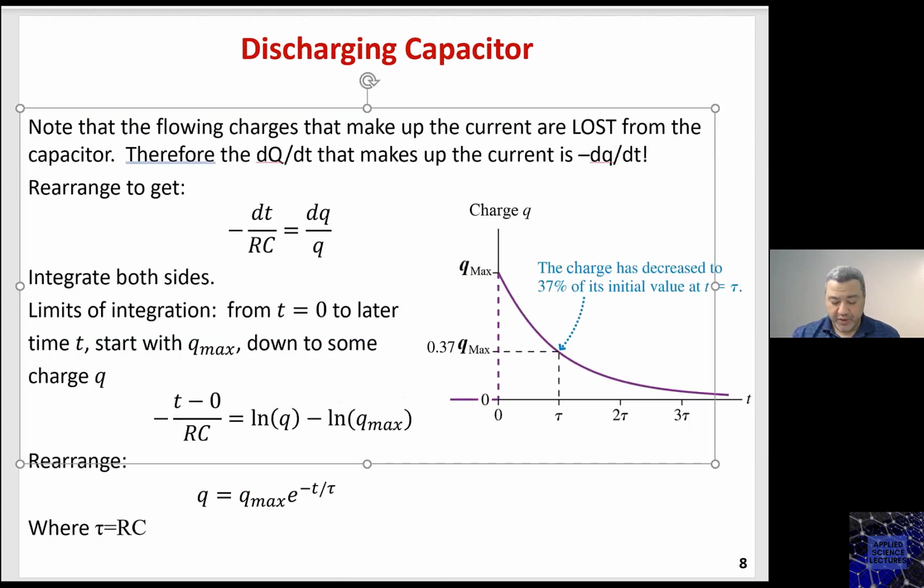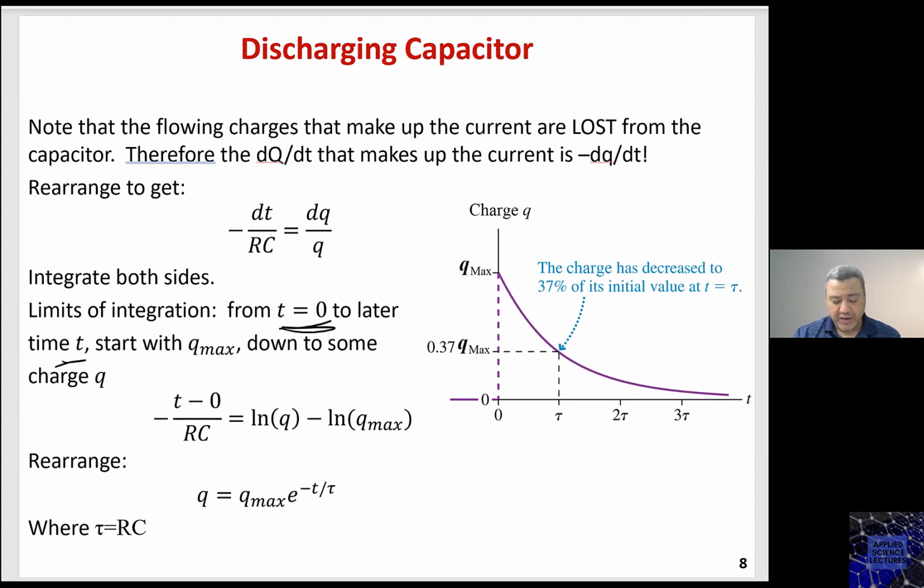Again, rearranging such that dq over q is on one side and dt on the other side, and taking the integral for both sides while t is integrating from 0 to t. Now q is integrating from q maximum, because now it is discharging, to qt.